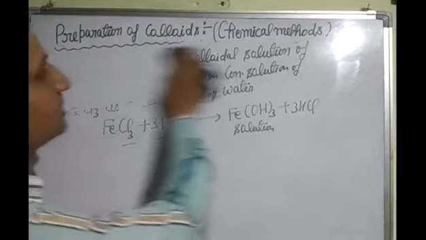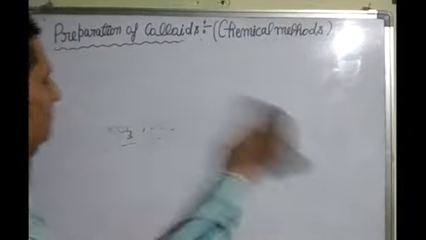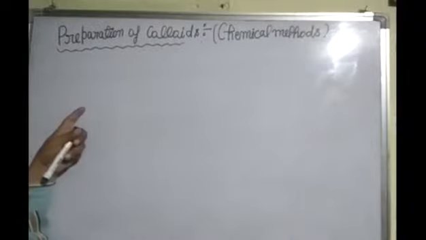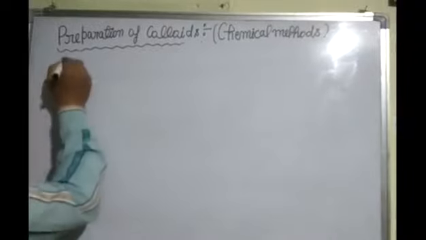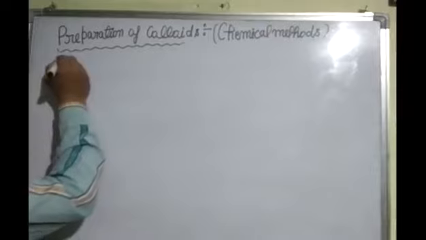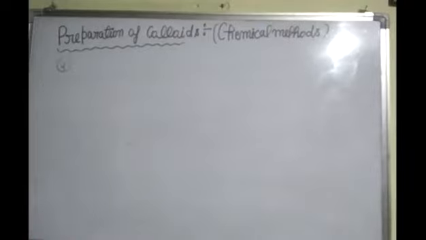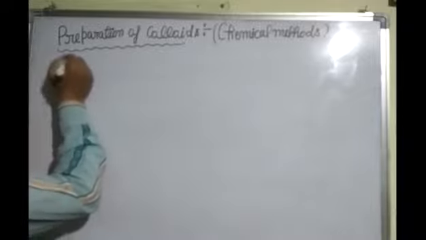Arsenic sulfide sol is prepared by passing hydrogen sulfide gas. So method number 4 is double decomposition.